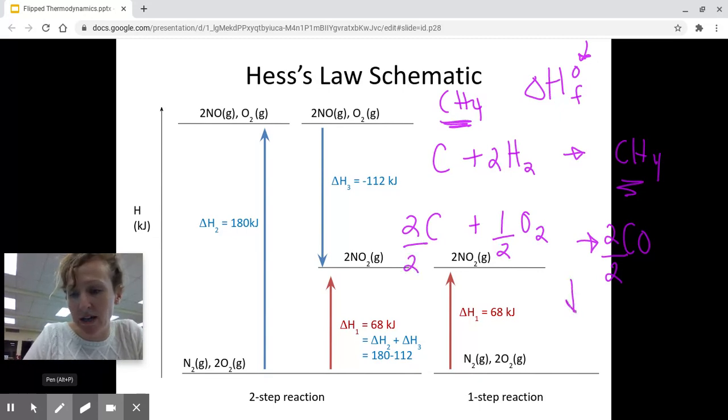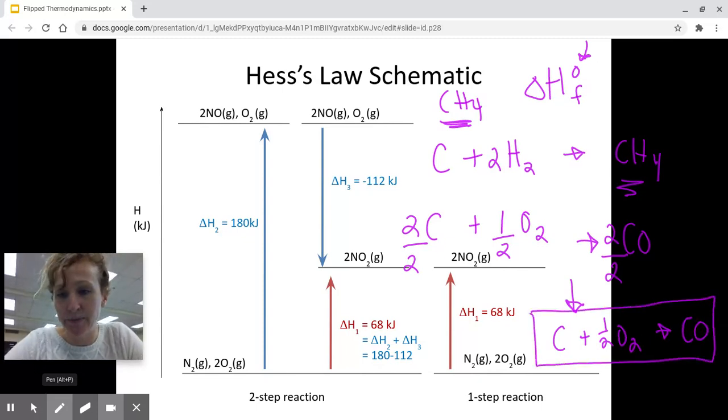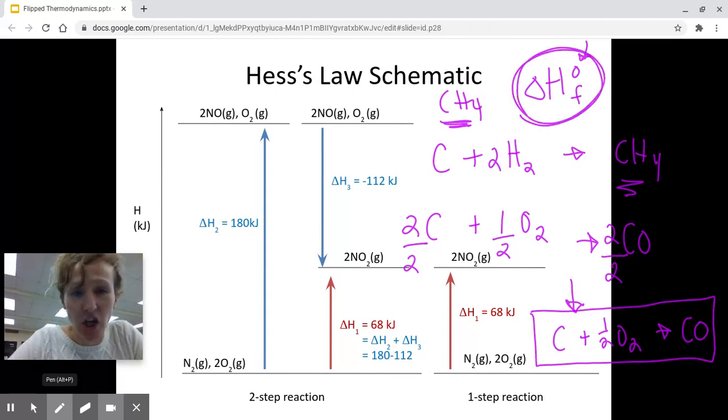So my reaction comes out to be C plus a half of oxygen gives me 1 mole of carbon monoxide. There you go. So the enthalpy, the delta H naught F for carbon monoxide listed in your book, is actually the amount, the enthalpy change for this reaction overall.